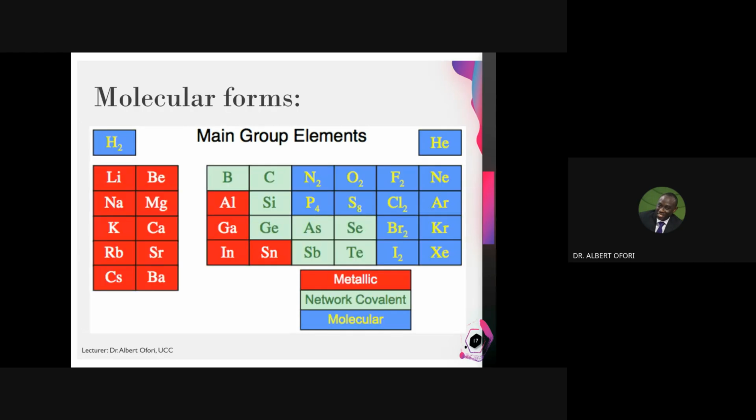If you look at these main group elements, the element exists based on the kind of bonding systems that we have. Ideally, we have two main extremes of bonding: the primary bonding and the secondary bonding. The primary bondings are the strong interactions, for example metallic bonding, ionic bonding, and covalent bonding.